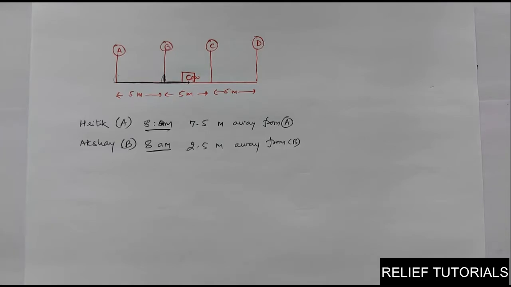The position of the cow is different because both have used a different reference point, different observing point, different describing point. So it is very important that first of all you have to decide the observing or the reference point.